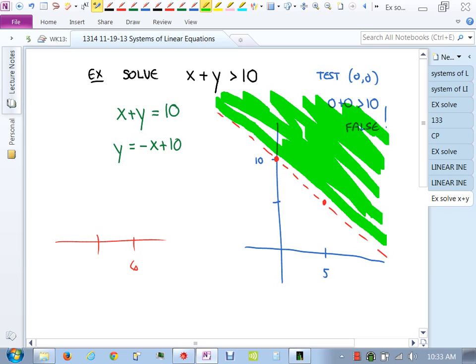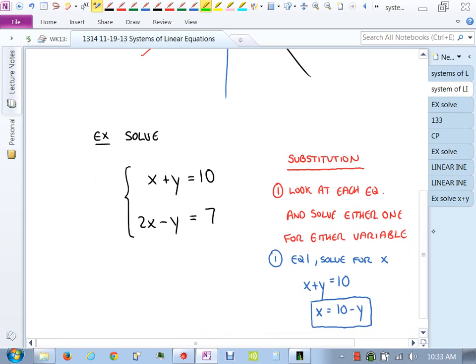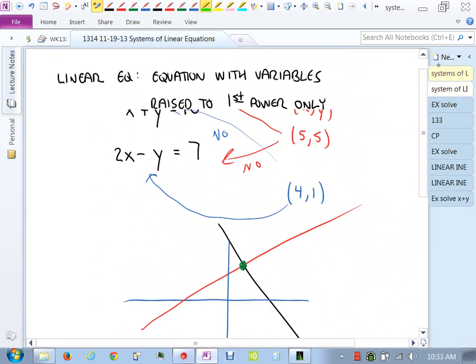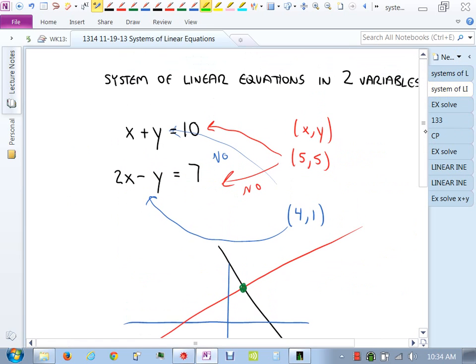So I've given you 2 examples, right? Let me remind you now. What we did a second ago is we said, hey, we're more interested in lines, right? And we said, okay, here's a line. And then we said, all right, after that, let's talk about systems of linear equations.